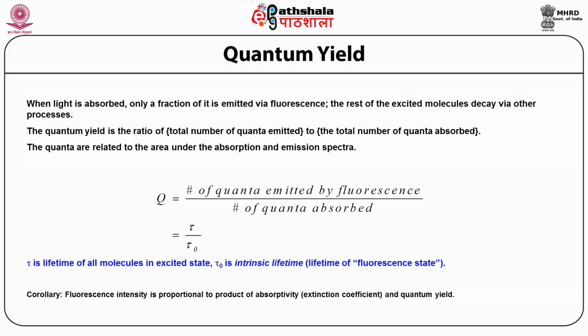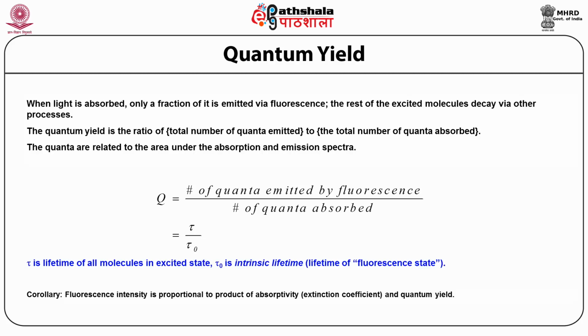When the light is absorbed, only a fraction of it is emitted via fluorescence. The rest of the excited molecules decay via other processes. The quantum yield is defined as the ratio of the total number of quanta emitted to the total number of quanta absorbed.